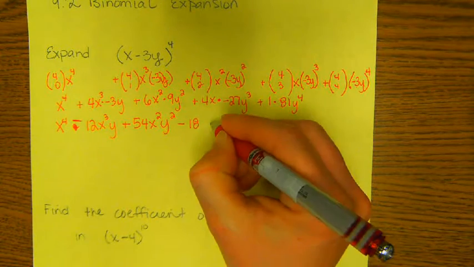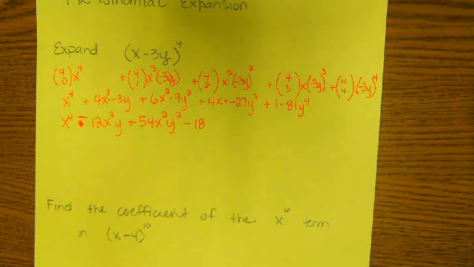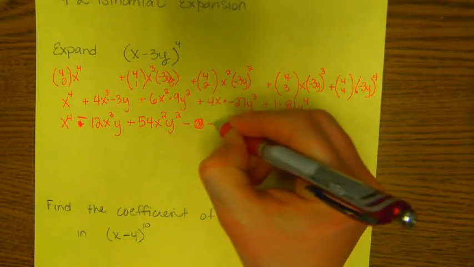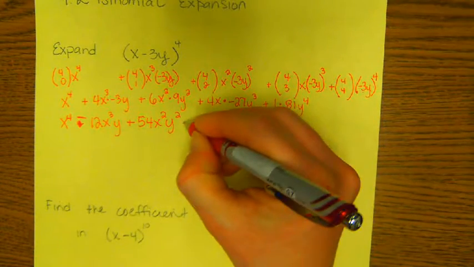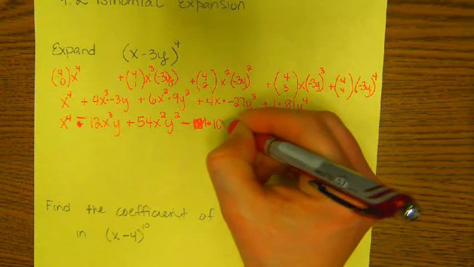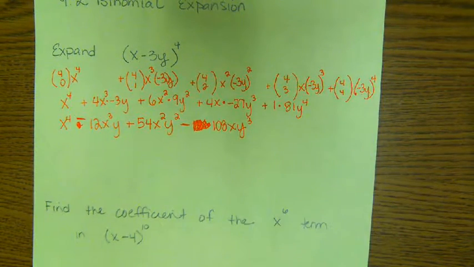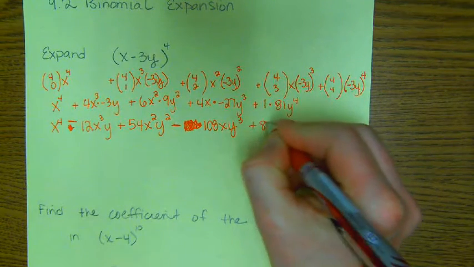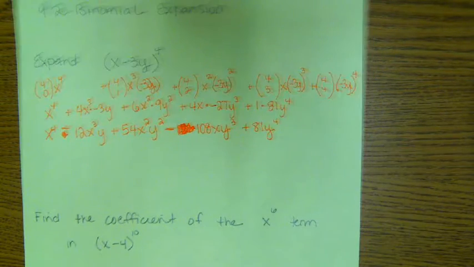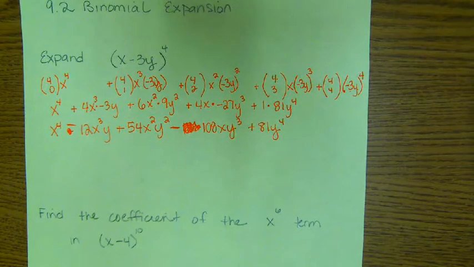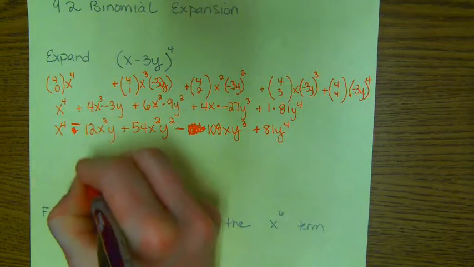Negative 108. Oh, negative 108. Okay, yeah. Sorry about that. xy cubed. So I'm going to just have that subtraction there. And then 81y to the 4th. I'm going to rewrite it so it looks a little neater.